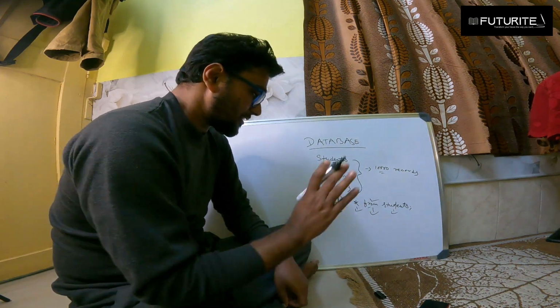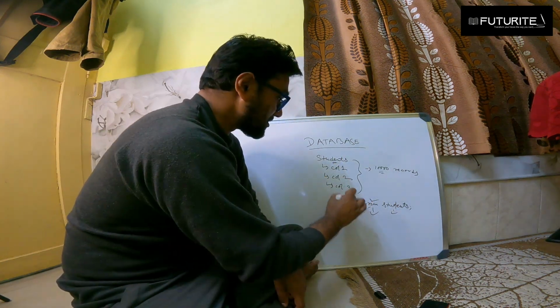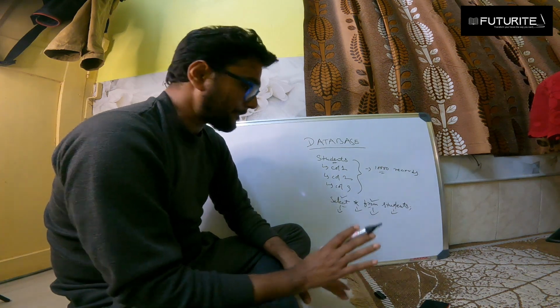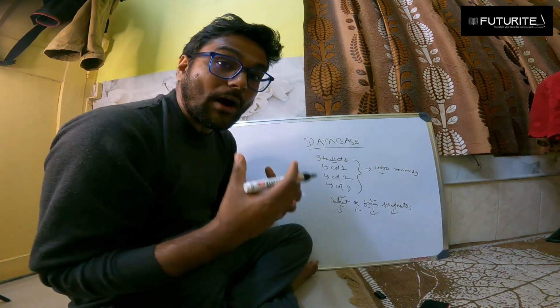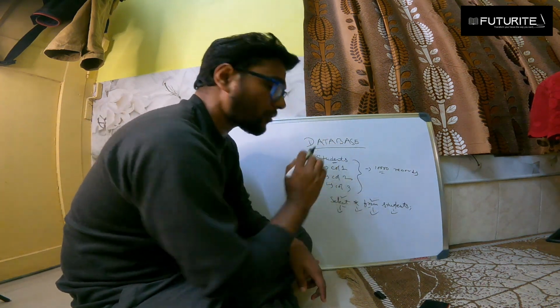Now, this star, what I said, signifies selecting all the columns and all the records of a table. Now, what if I want only to retrieve the records of two columns, that is column 1 and column 2 of the students table?